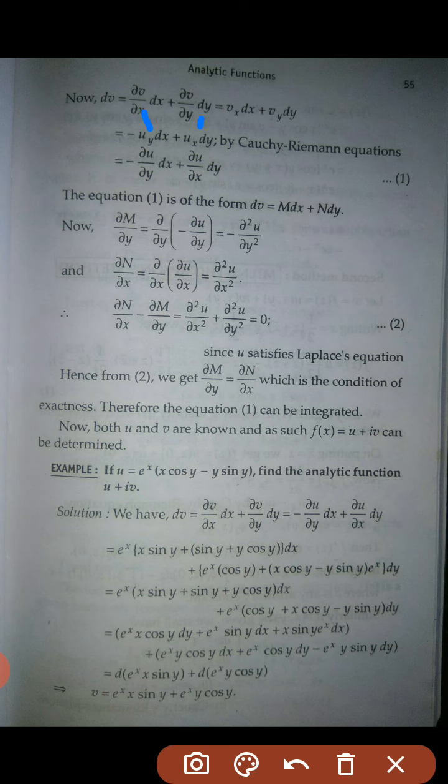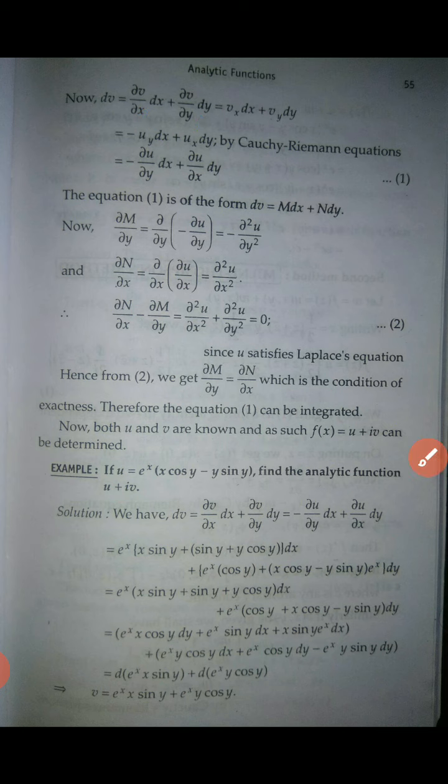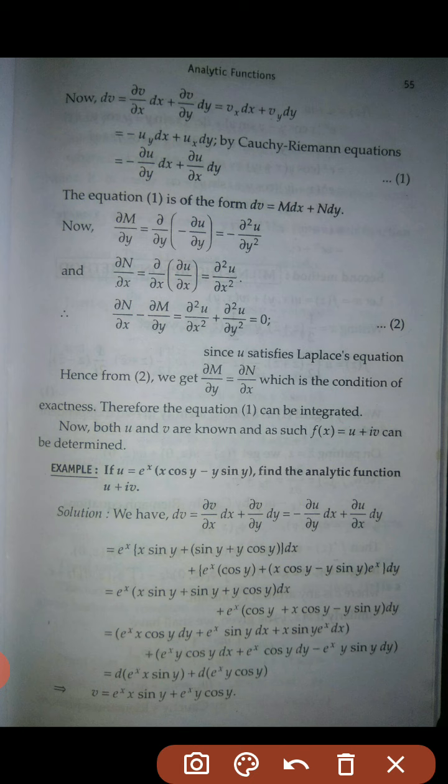So our differential equation becomes dv equals minus uy dx plus ux dy by the Cauchy-Riemann equation. Therefore, minus del u by del y into dx plus del u by del x into dy. Let us call this equation number 1.